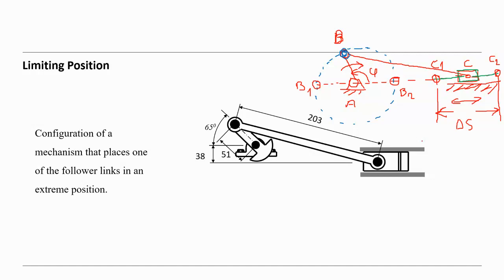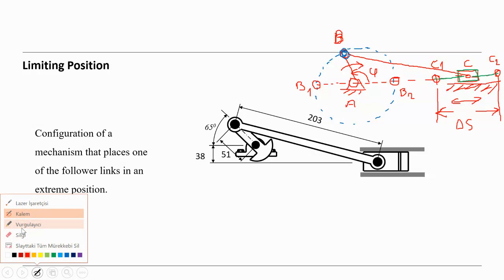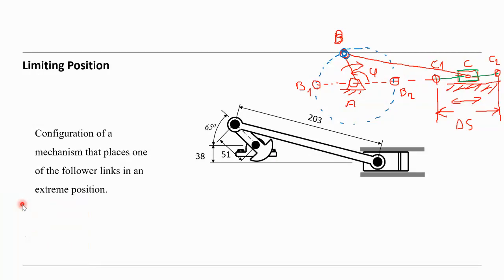Later on, we will talk about the synthesis. So how can we design the mechanism? Because in some applications, maybe you need to define this distance here. So how much should it be?